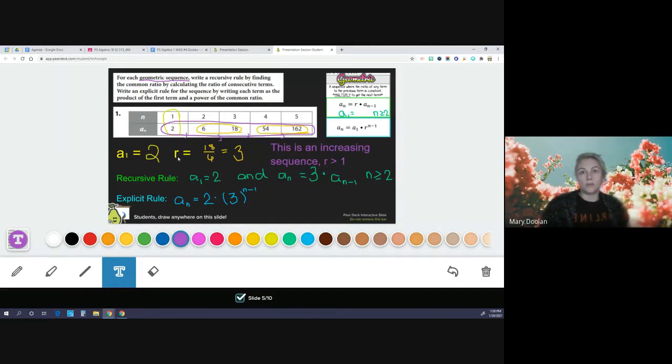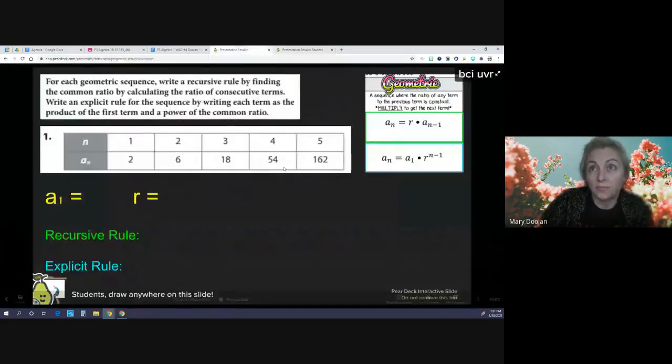R is greater than 1. R was 3. And so we're going to go to the next slide now. You guys are just copying along with me. This is going to be in the video, so if you don't have this all copied down yet, you'll be able to get it by watching the video. We're going to go to slide 6.